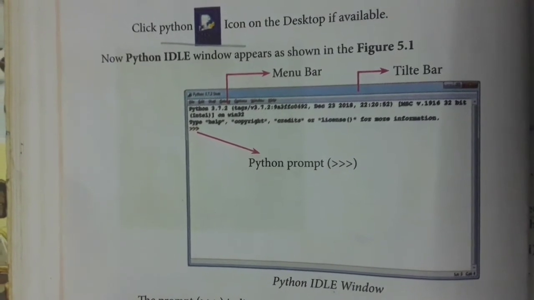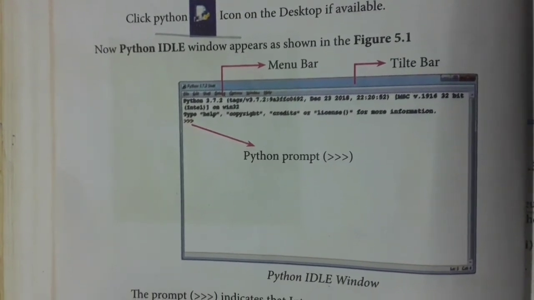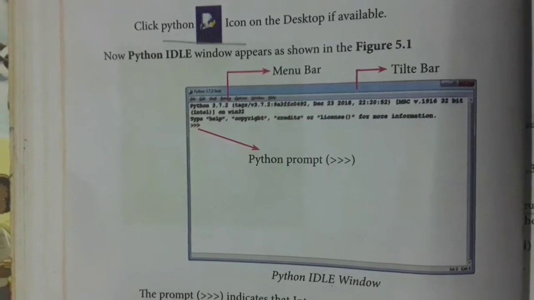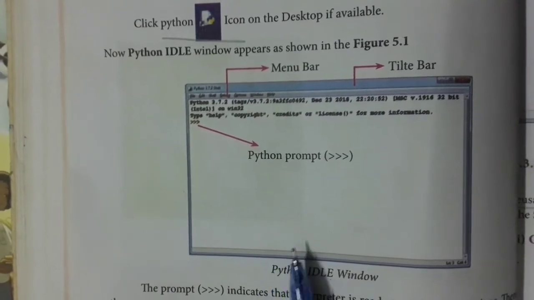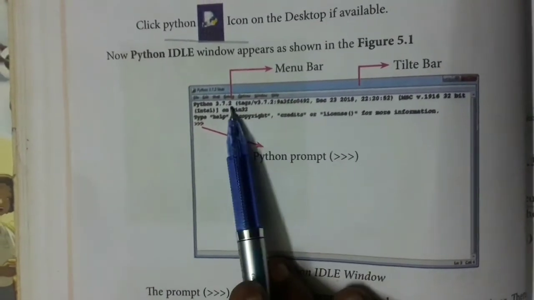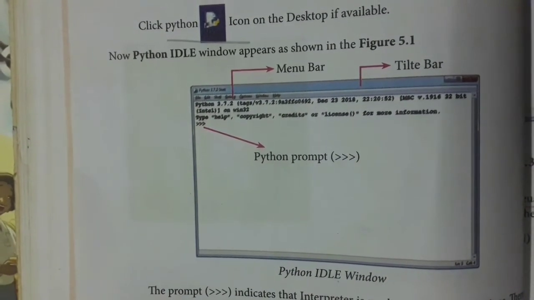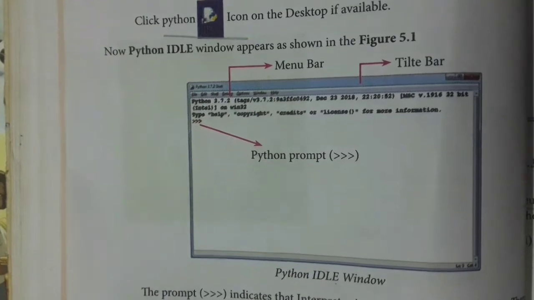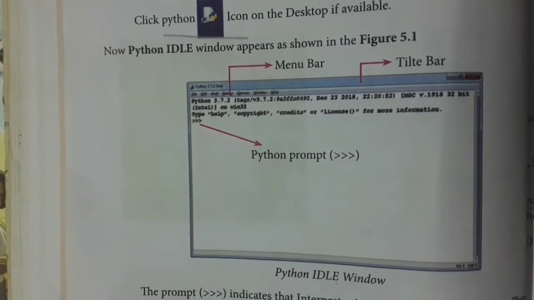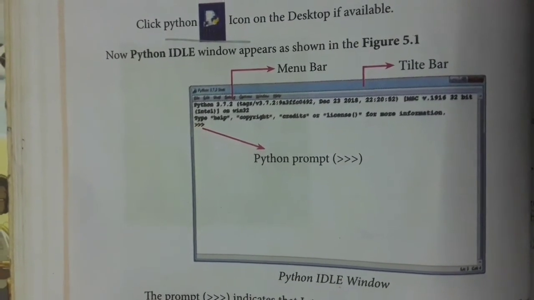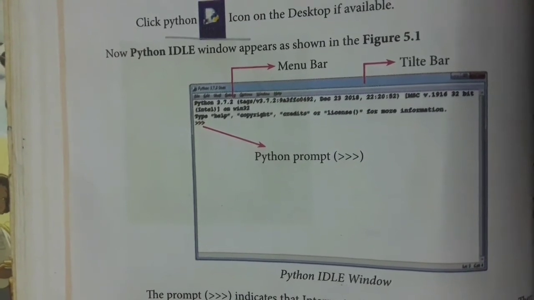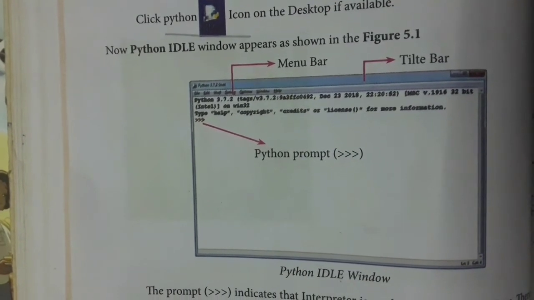IDLE is Integrated Development Learning Environment. This screen will appear. Here we have the menu bar, title bar, and this is the command prompt, the Python prompt. Here, as and when you type the code, immediately you will get the result. This is interactive mode programming.